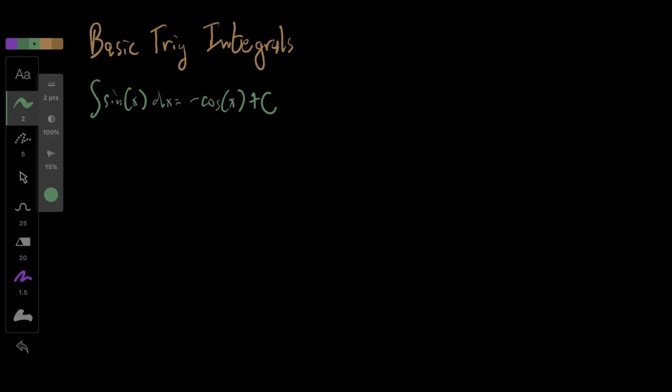So the derivative of the integral is just sine of x, and now d by dx of negative cosine of x, and we know that the derivative of cosine of x is negative sine of x, so negative of negative is equal to positive. So this equation becomes true and the integral is proven.